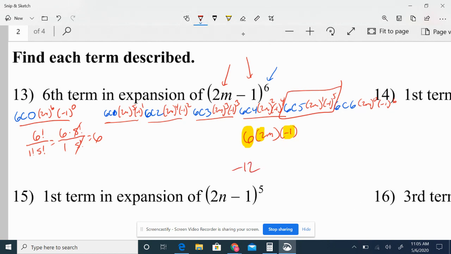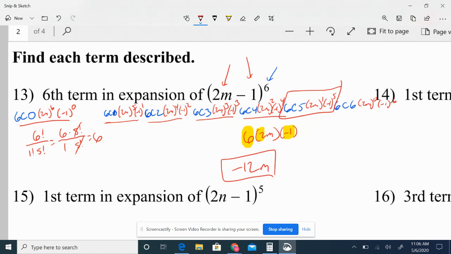That gives me negative 12, and then m. Notice how I can easily find each of my terms. So I'm not going to ask you to multiply the parentheses that many times. I'm just going to have you use this formula.